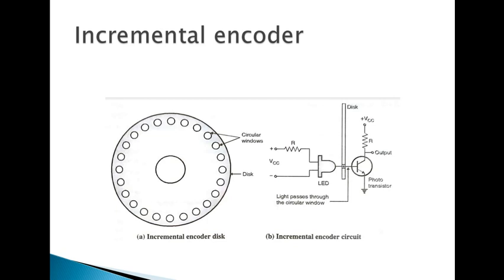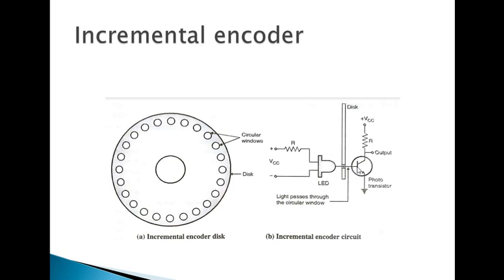During rotation, when a circular window comes across the LED, the light passes through to the photo transistor. Suppose this is the window; when it comes in line with the LED and photo transistor, the light will pass through this window and be sensed by the photo transistor.